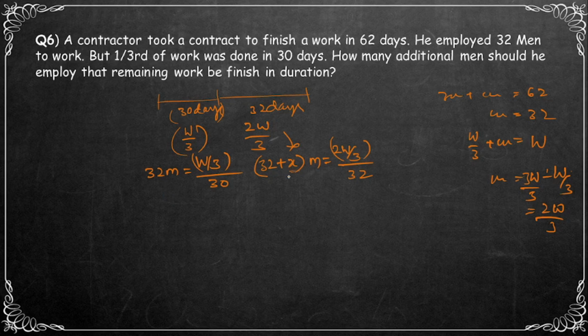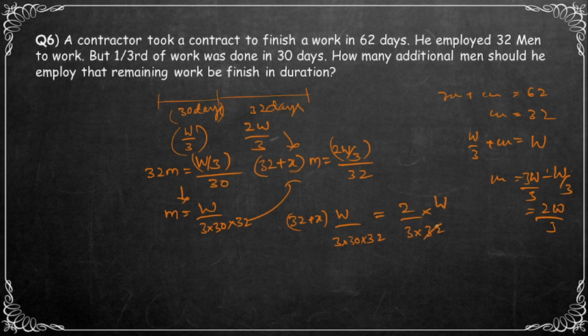So in order to find x, we need to eliminate m. So from this equation, we can write m as W by 3 into 30 into 32. So if you put that in this equation, 32 plus x into W by 3 into 30 into 32 is equal to 2 by 3 into 32 into W. So 32, 3 cancel.